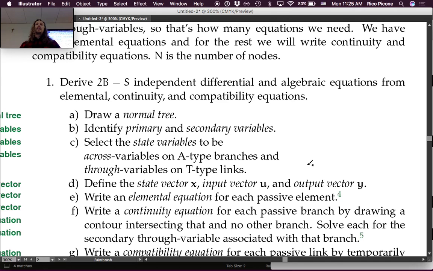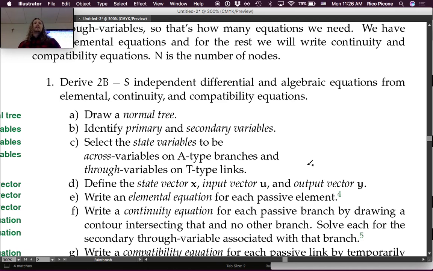And notice that A-types in the normal tree, that is A-type branches, are independent energy storage elements. And T-type links, so T-types not in the normal tree, are independent energy storage elements. So pretty much we get a state variable from each independent energy storage element. Okay?